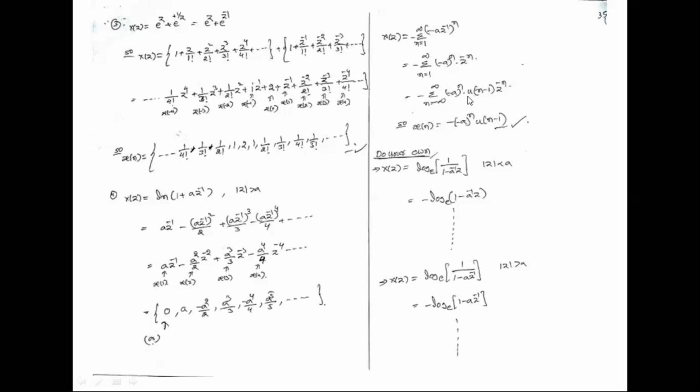Mu of n minus 1, minus a whole power n, z power minus n. So what is the x of n here? Minus of minus a whole power n, mu of n minus 1. X of n is equal to minus of minus a whole power n, mu of n minus 1. Got it, my dear students?